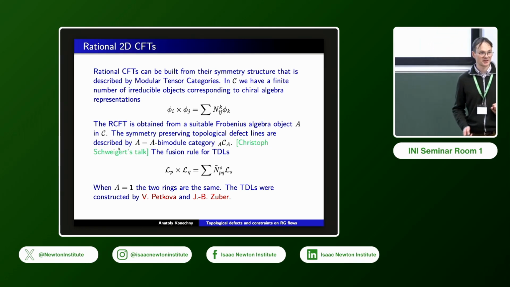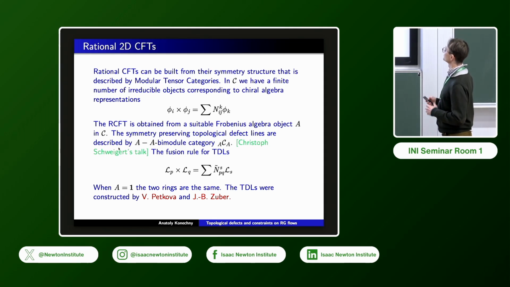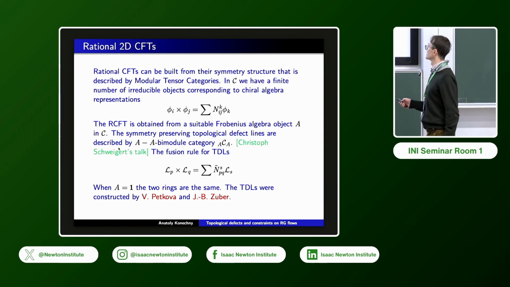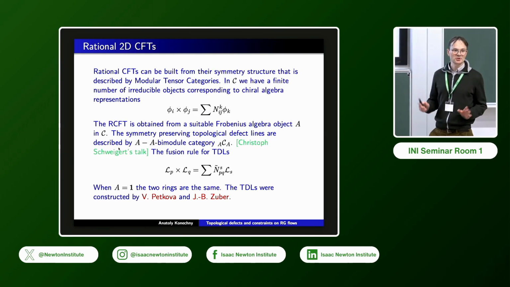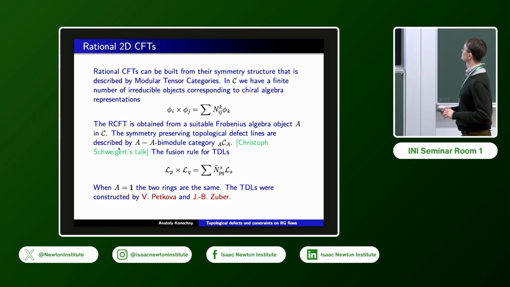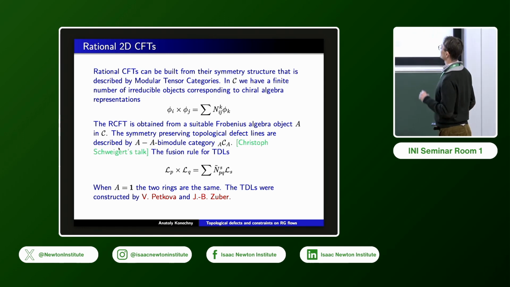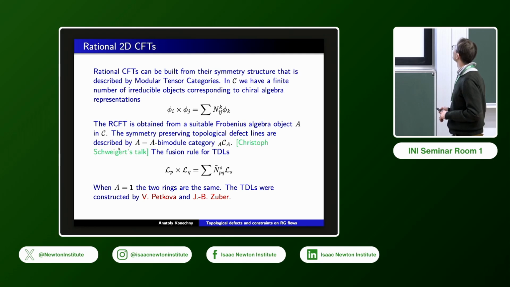So things simplify quite drastically in that case, but in principle it is interesting also to consider defects and learn how to calculate the appropriate fusion rules. It's all known in principle, but for some even basic examples, I don't know the answer. For example, what are the fusing rules here? Even getting a closed formula for the free boson, I've never seen it.